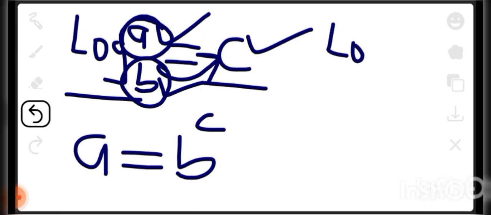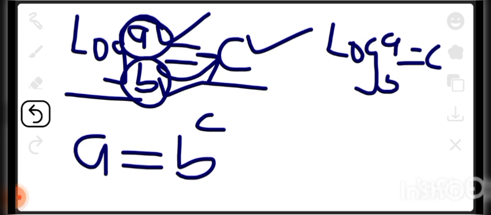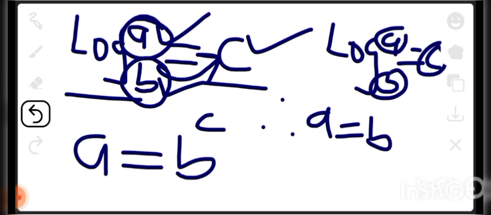If I have log A to base B equals C, therefore this A here must be equal to this B raised to power this C.